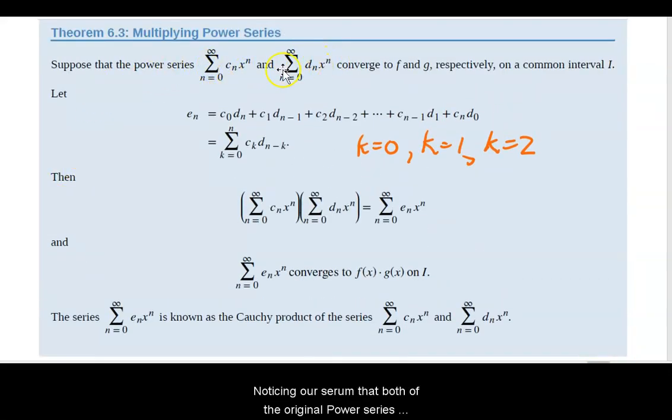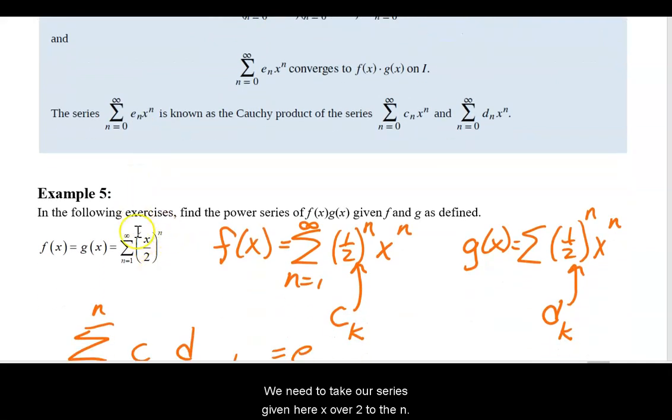Notice in our theorem that both of the original power series are written in a format where the x to the n is separate from the coefficients. We need to take our series given here, x over 2 to the n, and separate it so that we can have x to the n by itself. This will pull the 1/2 to the n off on both of them.